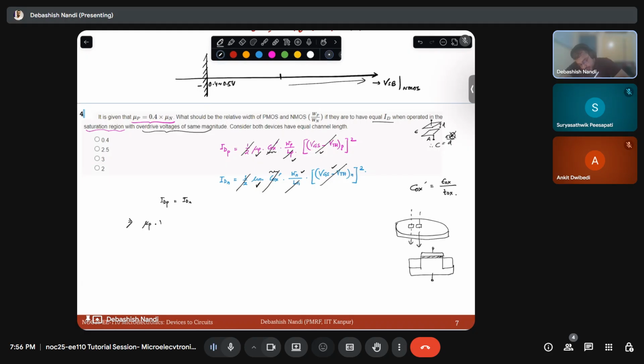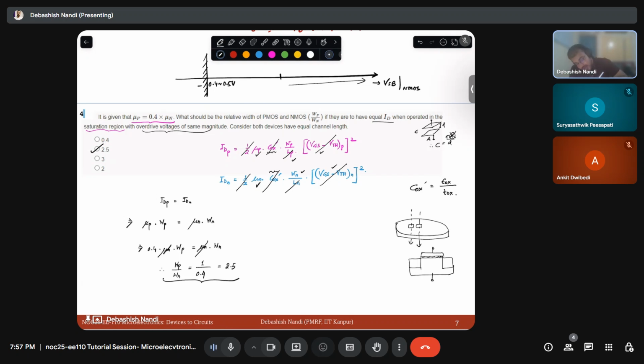Mu P times Wp is equal to mu N times Wn, right? So mu P is nothing but 0.4 times mu N. Mu N cancels. So your Wp over Wn becomes 1 over 0.4. What is this value? 2.5. So that is one aspect of the problem.